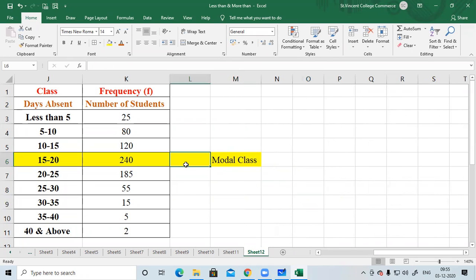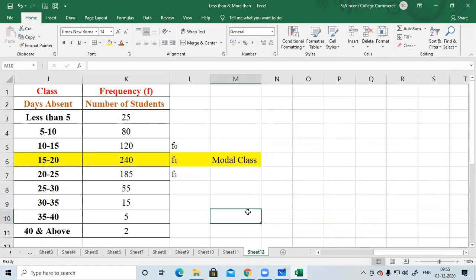Okay, so whatever is the modal class becomes F what? F1. So below the modal class, after 1 comes 2, and before 1 comes F0.